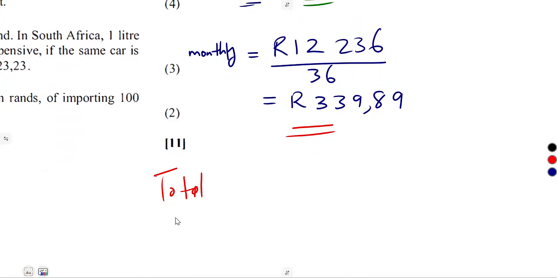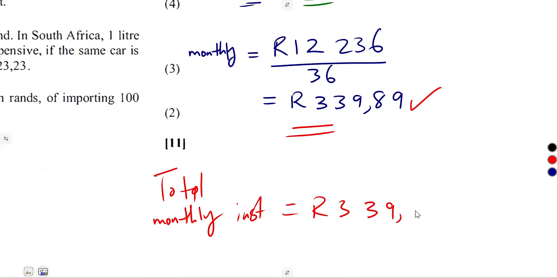So the total monthly installment is going to be what she's paying monthly on that hire purchase of what she was supposed to buy at once, plus the given amount that is supposed to be paid for insurance, which is 60 rand 75.